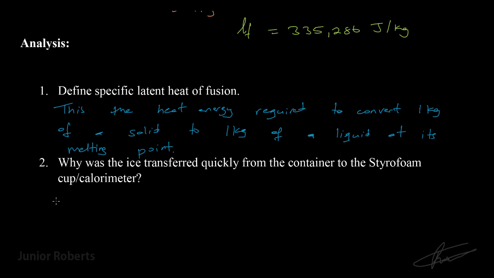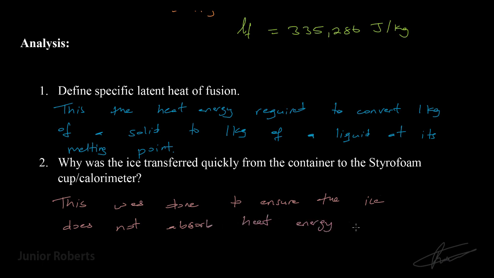This was done to ensure no heat from the surroundings was absorbed by the ice, or in other words, to ensure the ice does not absorb heat energy from the environment or the surroundings.